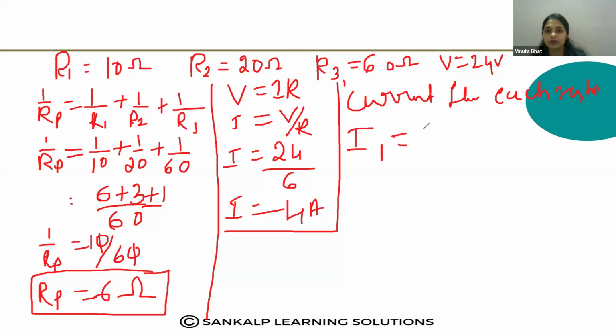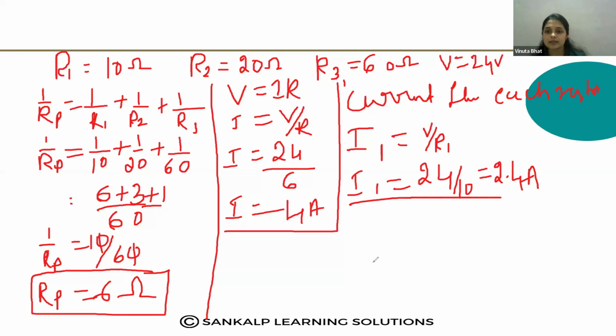I is equal to V by R1, right? So I1 is equal to 24 volt divided by 10, that is equal to 2.4 ampere. The current through the first resistor, I1, is equal to 2.4 ampere.